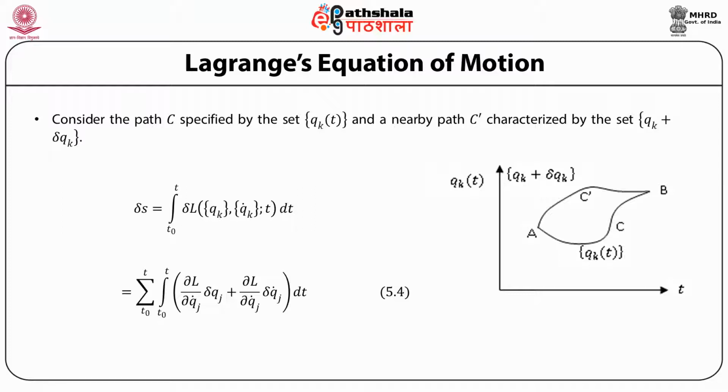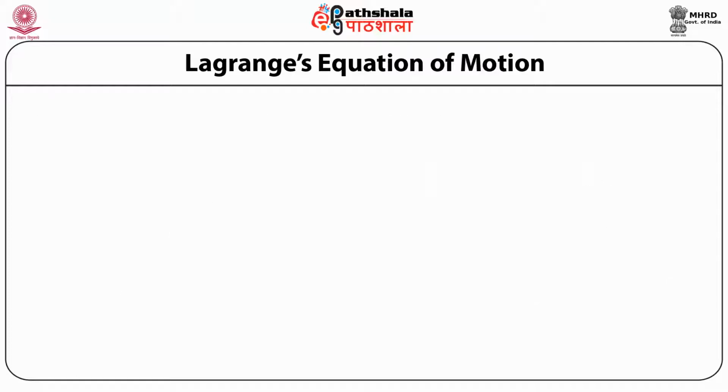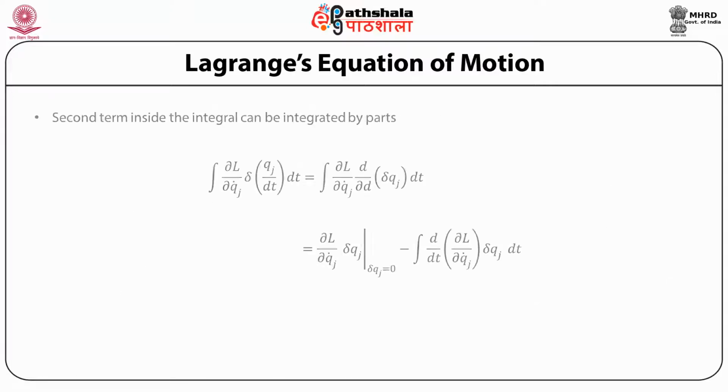Now this variation in the Lagrangian is given as a sum over j of the partial derivative of L with respect to qj dot times delta qj dot, plus the partial derivative of L with respect to qj times delta qj, integrated over dt.